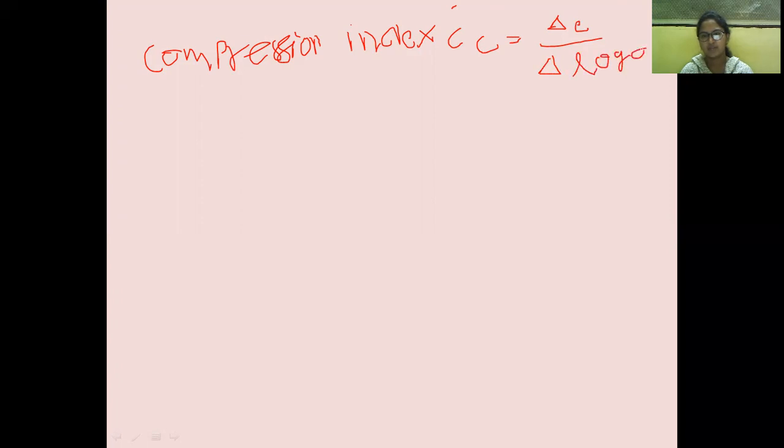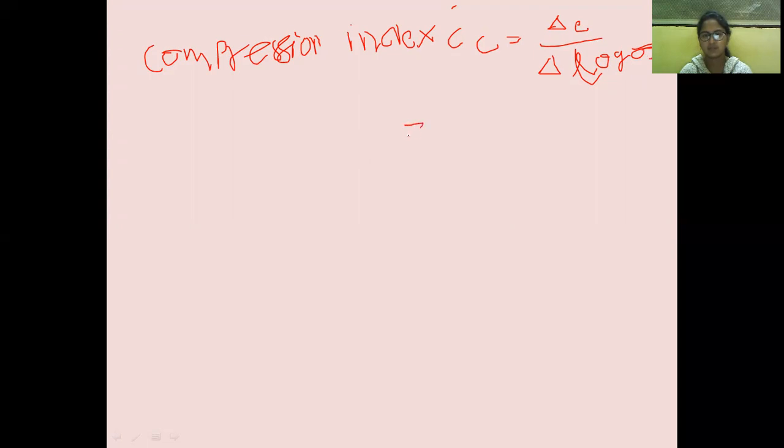Delta e is equal to e naught minus e1. For the effective stress, delta log is log 100 minus log 50, sigma 2 minus sigma 1. Those values will be substituted, and finally we will get the Cc value.